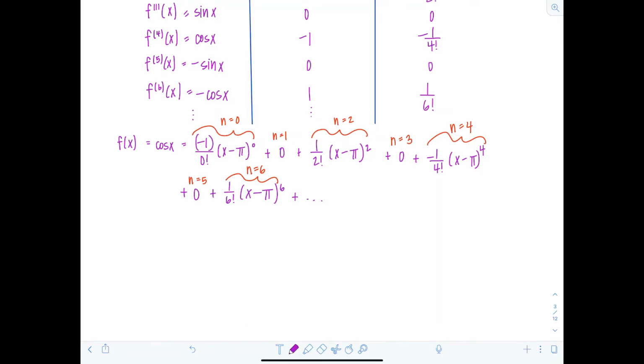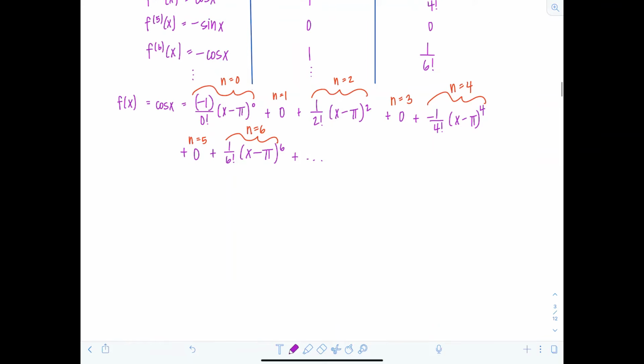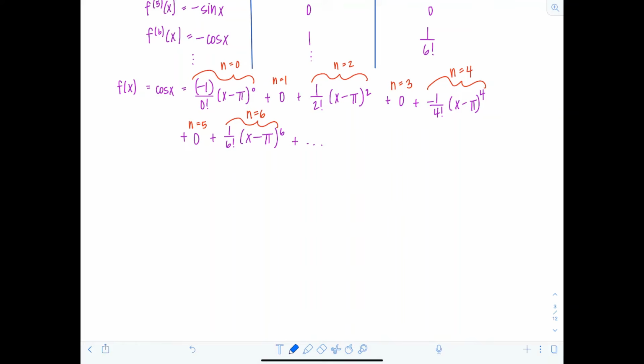Now notice only the even terms, the terms with an even index survive, right? So this is gone, this is gone, this is gone. So now I have negative 1 over 0 factorial. I know that's just negative 1, but I'm leaving it like that so we can write the pattern out in summation notation, okay?